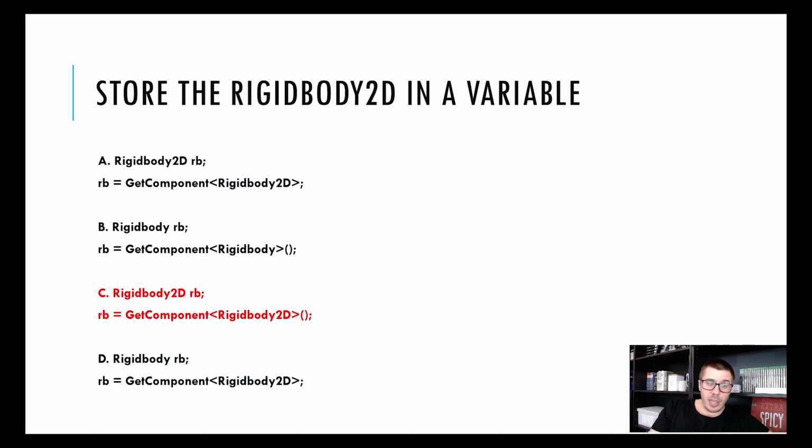C is correct, and for D, we don't have parentheses and we don't have the 2D as well. If you have answered all of them correctly, or 1 or 2 or 3, then good job. If not, you can always revisit the lectures, and then you will answer them correctly.